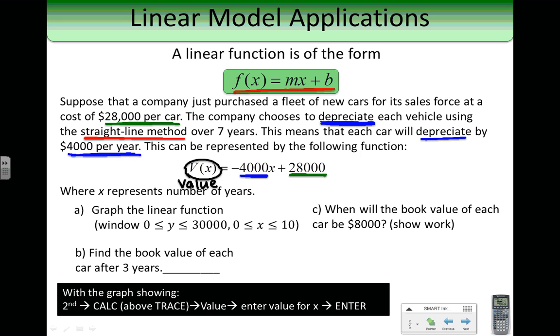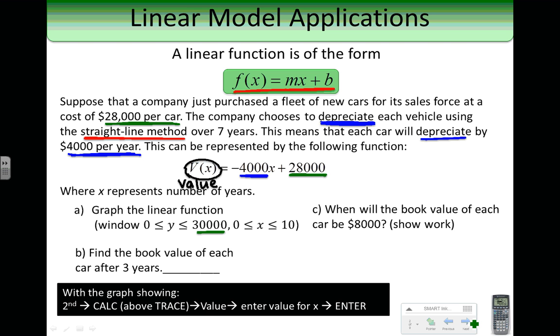So A says to graph the linear function using the window y is from 0 to 30,000 and x is from 0 to 10. We know all of our cars start at $28,000 per car, so our y value is not going to go over 30,000.